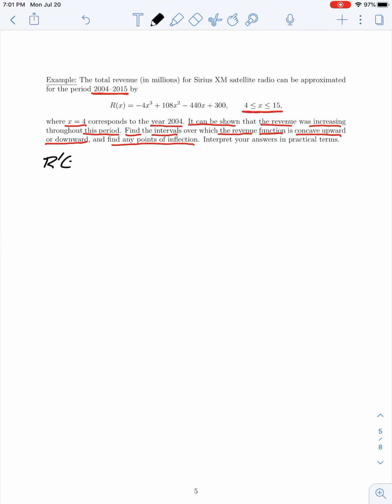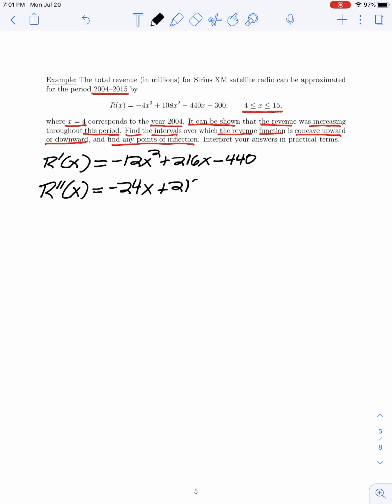So starting with the first derivative of our revenue function, or the marginal revenue, we would have negative 12x squared plus 216x minus 440. And then our second derivative, r double prime of x, is negative 24x plus 216.